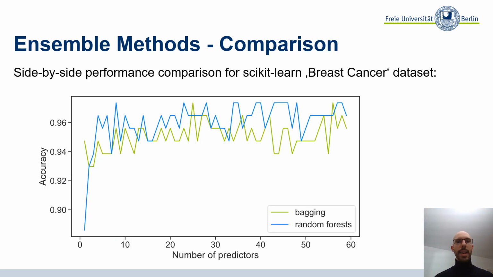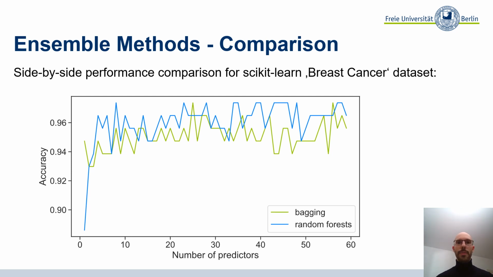So now let's see how random forests perform compared to bagging. And for this, I've set up a small example where I took the breast cancer dataset from scikit-learn again. And so for the base models, so for the individual predictors, I took decision trees, or actually regression trees with a maximum number of nodes of 4.